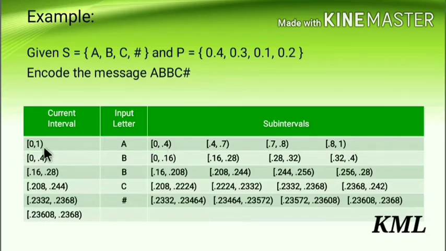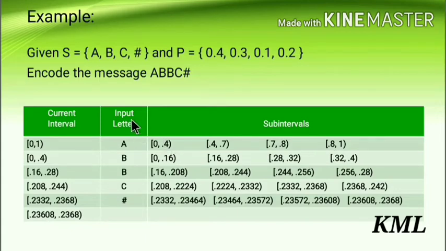And please remember that these 4 values will lie in between these two numbers. We have a 0 here as the left bound and 1 as the right bound. So now we have the subintervals.